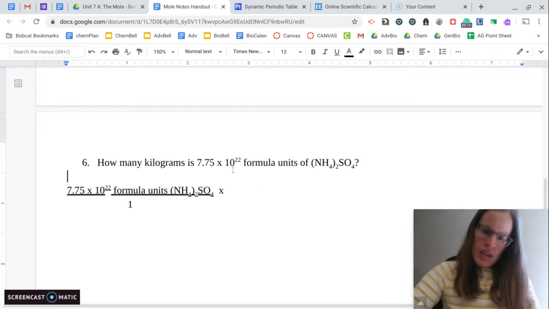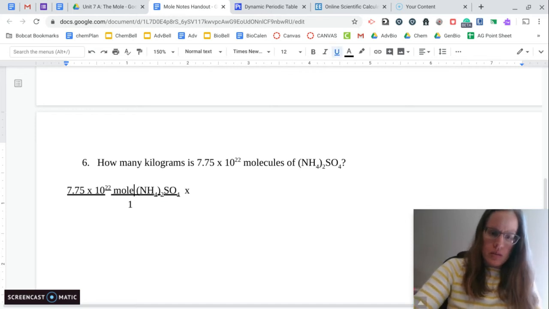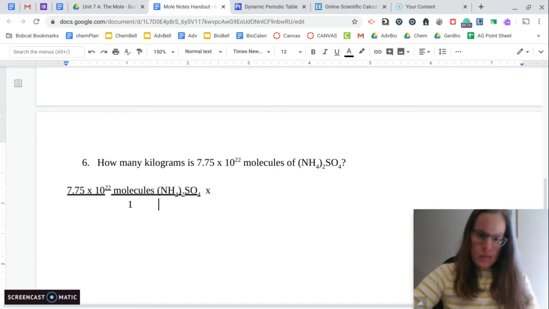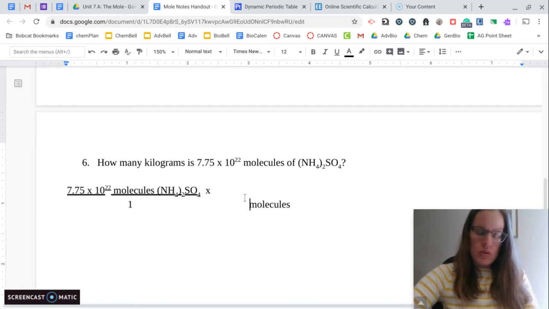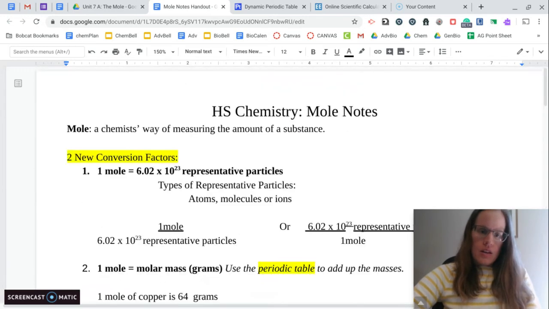Technically these are formula units, but we've been calling them molecules, so I'm going to change that to molecules because you guys haven't heard of formula units. So I'm going to have to put molecules down here. And you should think, what's the number that I always use for representative particles? If it's molecules or atoms or ions, you can have this conversion on your conversion card so that you remember that you're always using the 6.02 times 10 to the 23rd.